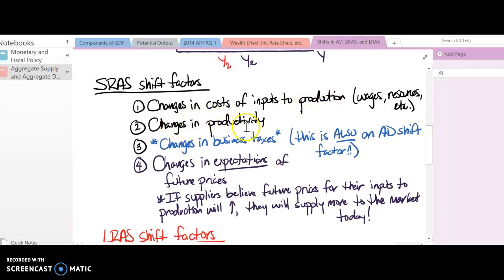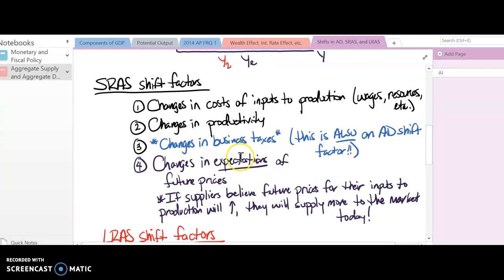Changes in productivity will also do the same. And here's something interesting. So we just saw this in aggregate demand. Changes in business taxes is not only an aggregate demand shift factor, but it's also a short-run aggregate supply shift factor. Okay, this is the only one to my knowledge. The only prompt where this can actually shift both curves at the same time.